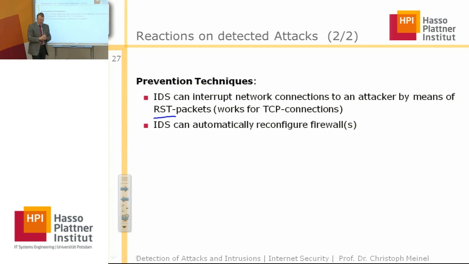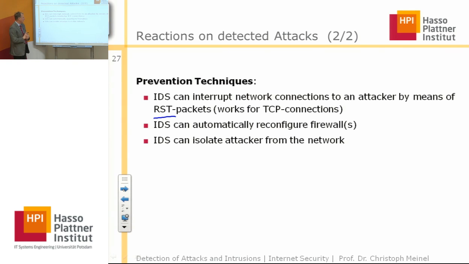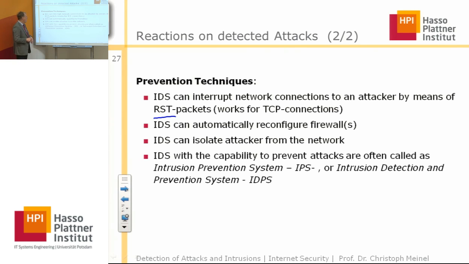The intrusion detection system can automatically reconfigure the firewall or firewalls. It can automatically isolate the attacker from the network. Or it can be an intrusion detection system with a capability to prevent attacks.